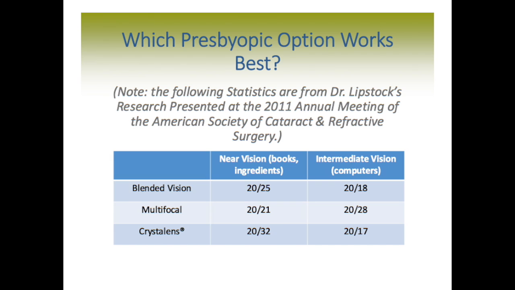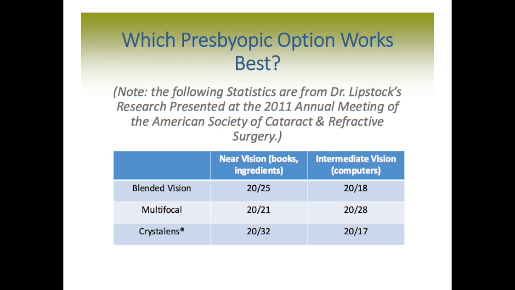With near vision, like books and ingredients for a recipe and that kind of thing, blended vision, this is without glasses, using both eyes, they were seeing 20/25, which is very good, close to 20/20, reading near vision.